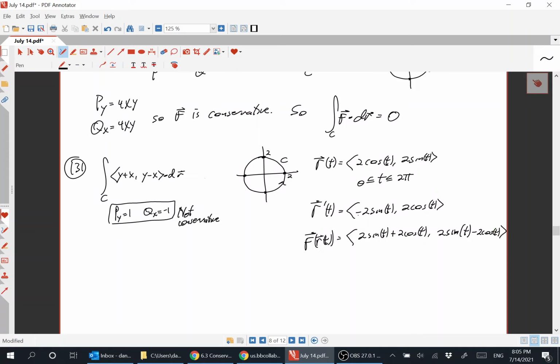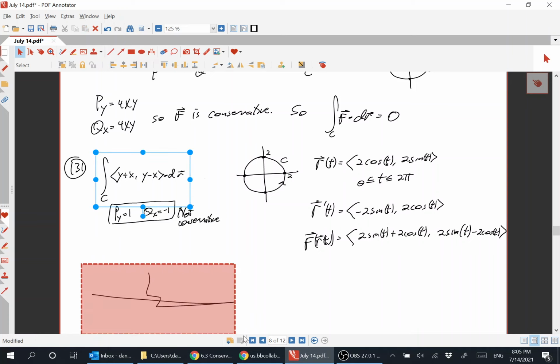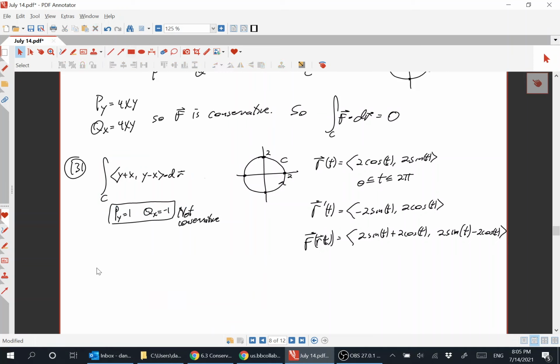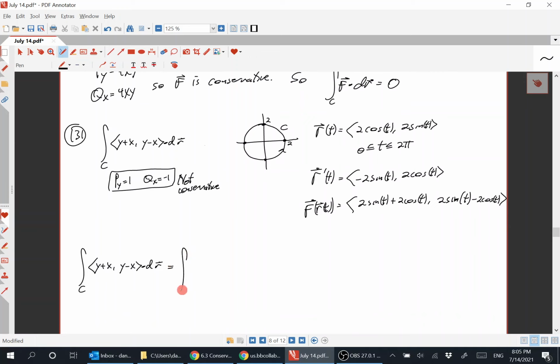Right, so the integral is equal to the integral from A to B of F of r of t dot r prime of t dt. So this is the integral from 0 to 2 pi.